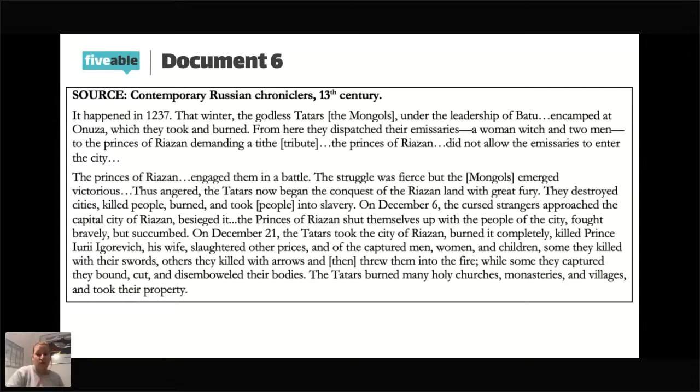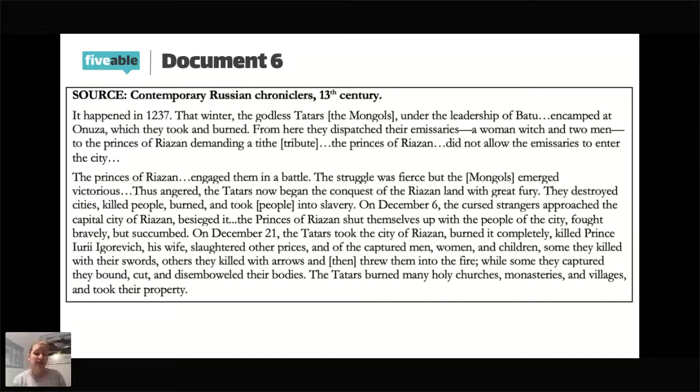And then, of course, it describes the Mongols as godless. They're burning cities. They're cursed strangers. So how is that impacting the people in that place? Because remember, the prompt is about the effect that the Mongols had in these areas.